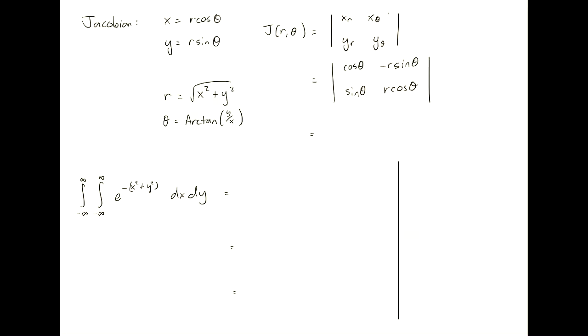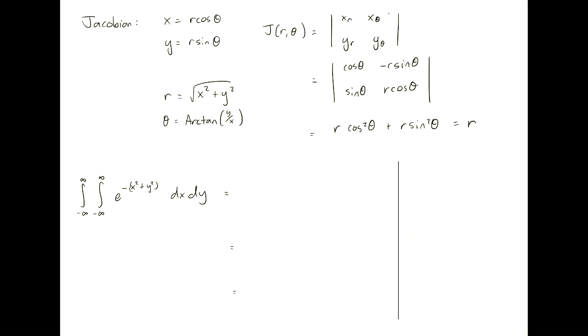I evaluate that determinant and I get r cos squared theta plus r sine squared theta, which is equal to r. So now I've got my determinant. It is r. I want the absolute value of my determinant, but r is always non-negative.